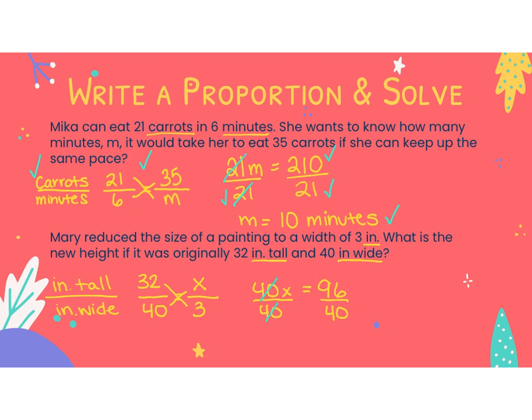The two 40s on the left will cancel each other out, and we're left with just x. And when we divide 96 divided by 40, we get 2 4/10. The unit for my answer that I was looking for was inches tall, so I will add inches tall to my answer. The painting was reduced to be 2 4/10 inches tall.